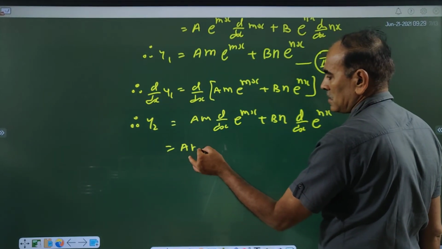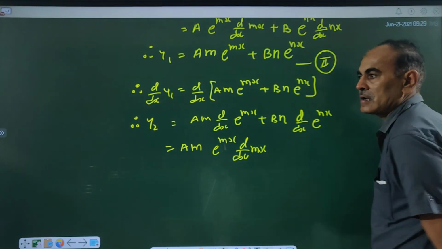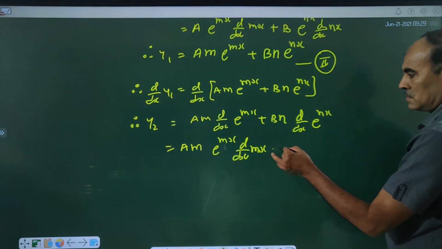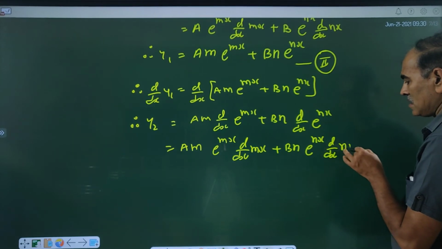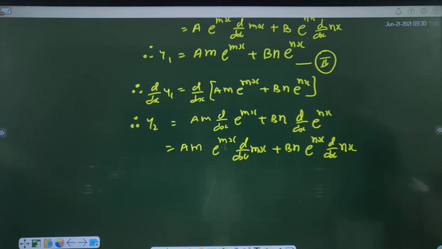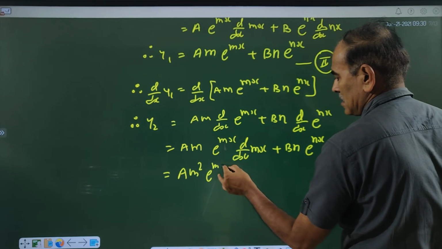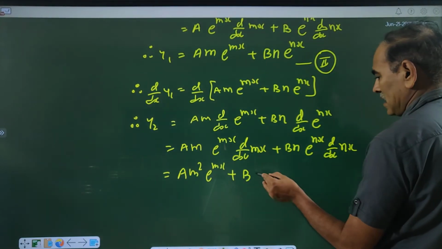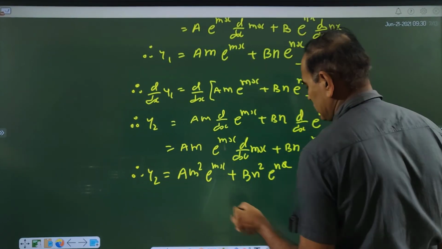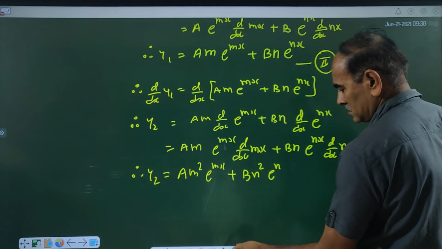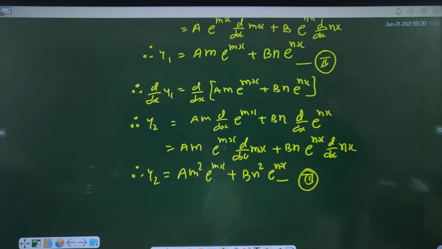So that is equal to am e raised to some function, d by dx of some function, plus bn e raised to some function, d by dx of some function. So what we get here? am square e raised to mx plus bn square e raised to nx. Say result number 3.